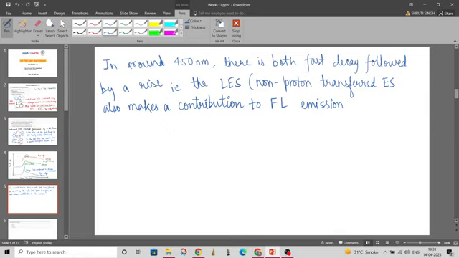So at this wavelength, in the mid wavelength, there is both a decay and then a rise. So the locally excited state also makes a contribution to the fluorescence emission, and then there is a rise which is due to the proton transfer state contribution to fluorescence emission at this wavelength.